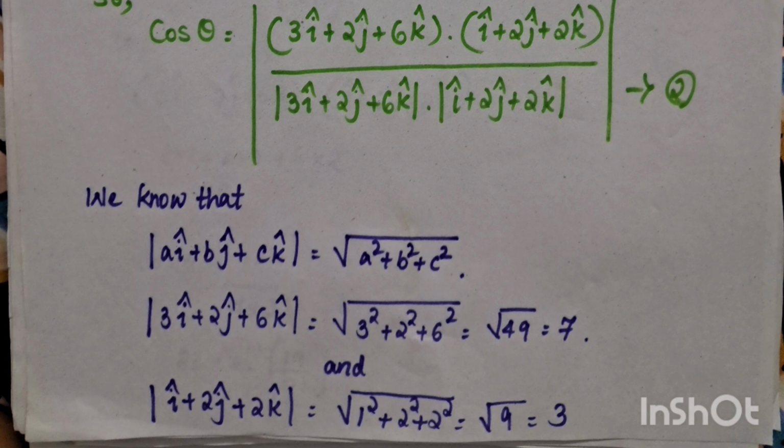That is 3, 2, 6 and 1, 2, 2. So root over 3 square plus 2 square plus 6 square is equal to 7, and root over 1 square plus 2 square plus 2 square is equal to 3.